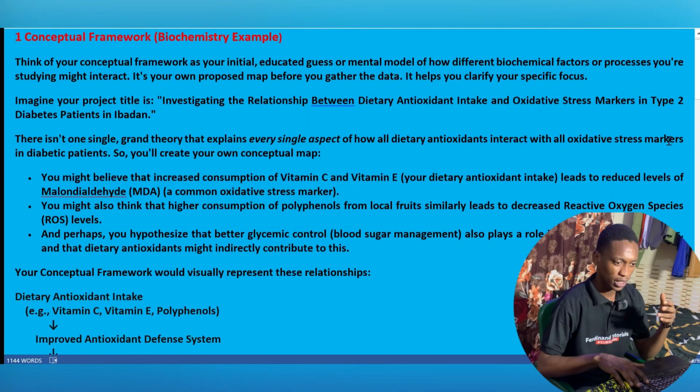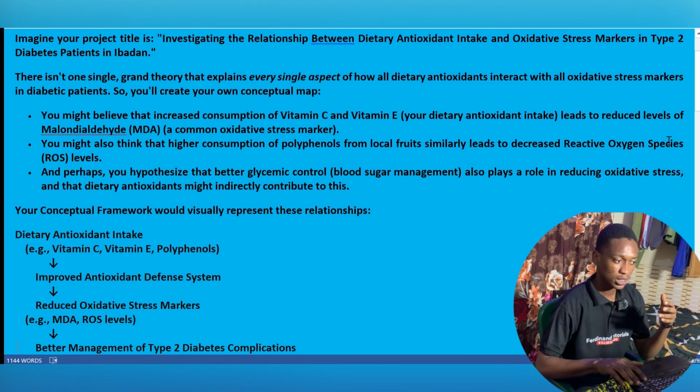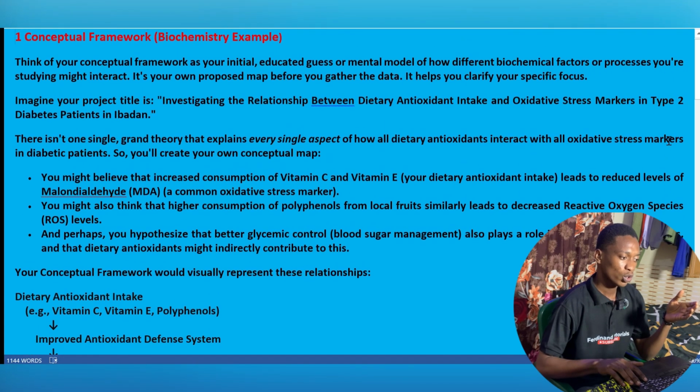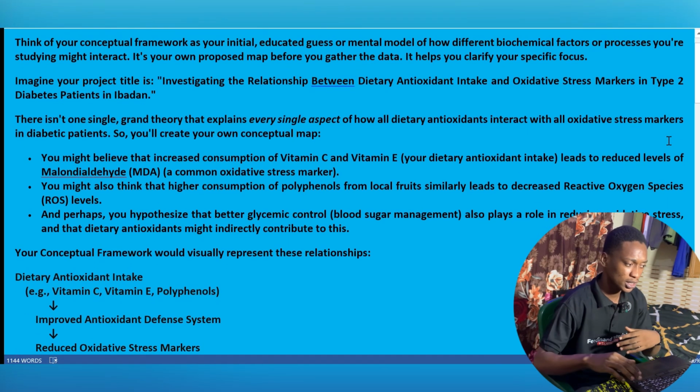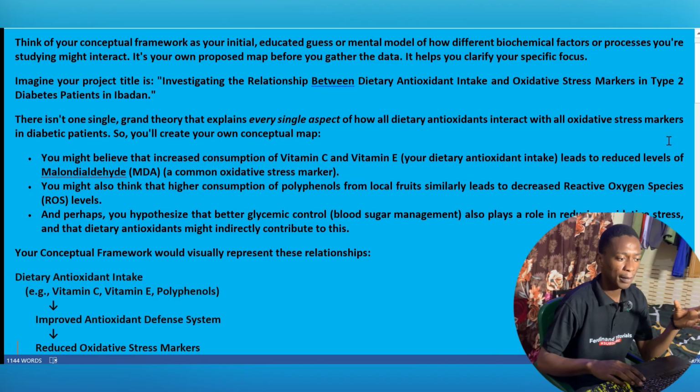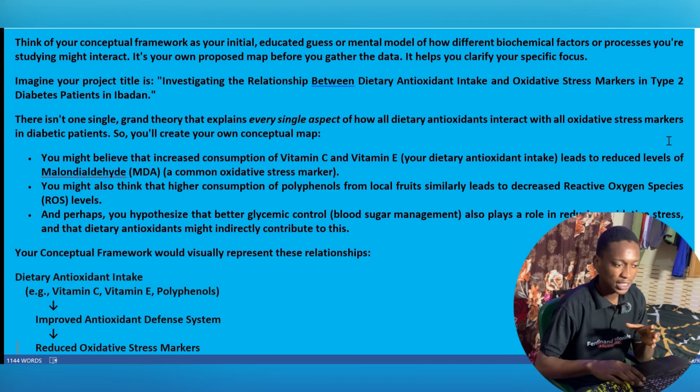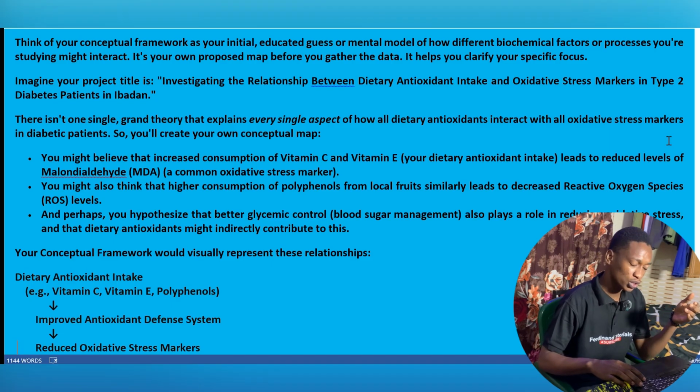Look at the first one here. The first one is your conceptual framework. You should think of your conceptual framework as your initial educated guess or mental model of how the different biochemical factors or processes you are studying might interact. It's your proposed map before you gather the data. It helps you clarify your specific focus.